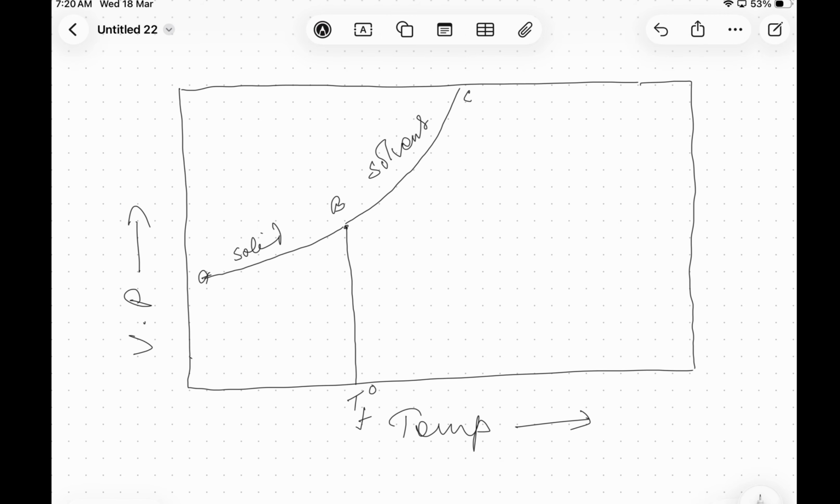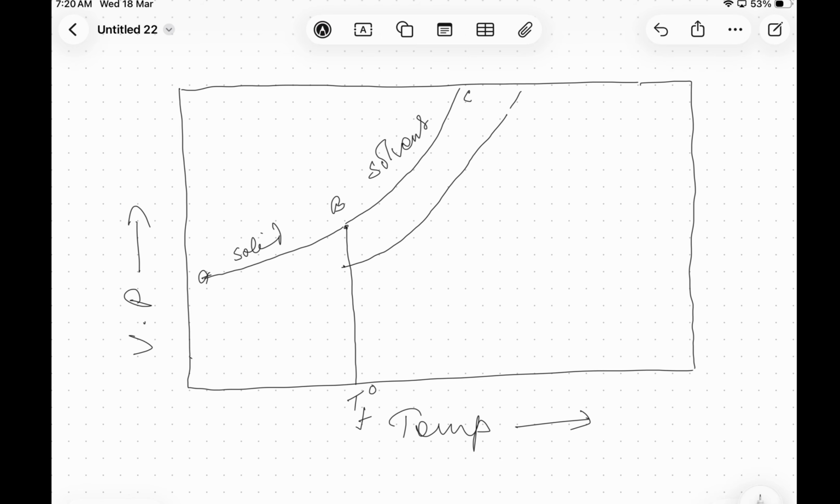Now, as soon as the solute is added into solvent, the vapor pressure of liquid drops, but the vapor pressure of solid remains the same.